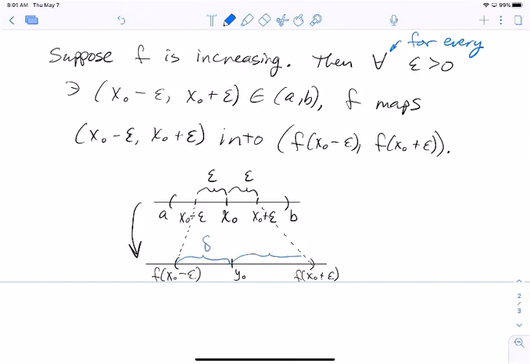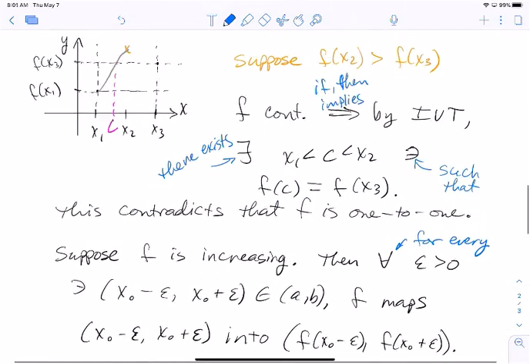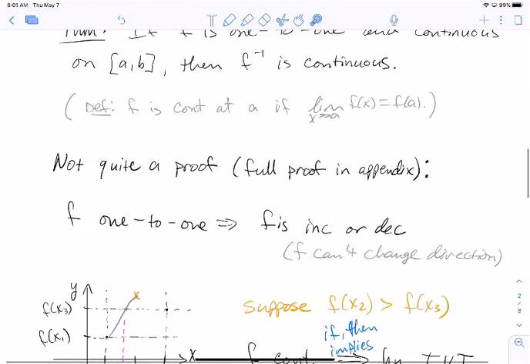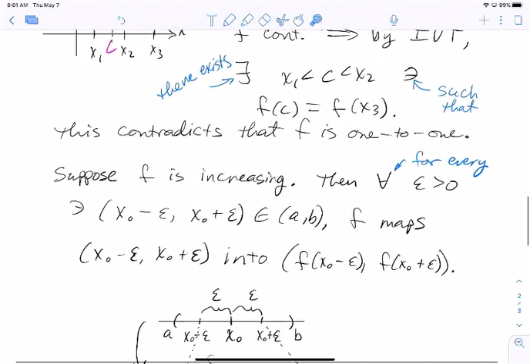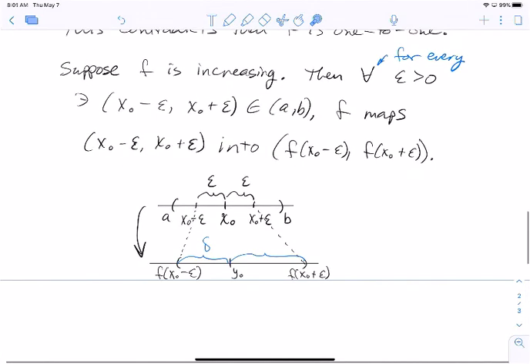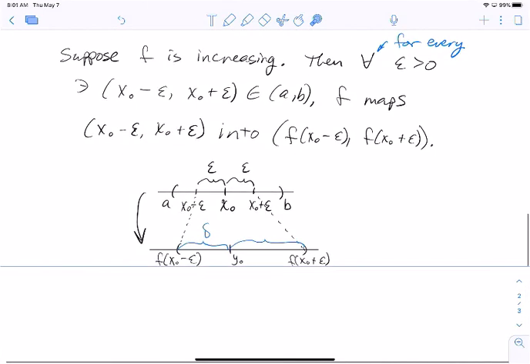Now, if epsilon sounds familiar, then it will probably make sense to you that we're going to consider some delta values. You see, we're looking at epsilon and delta because in our definition for continuous, we have a limit statement, and as you know, epsilon and delta tend to show up when we're thinking about limit definitions. So we're going to identify these intervals on the y-axis here as delta 1 and delta 2.